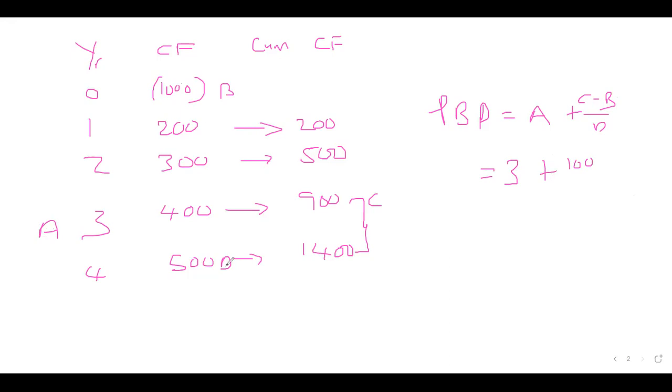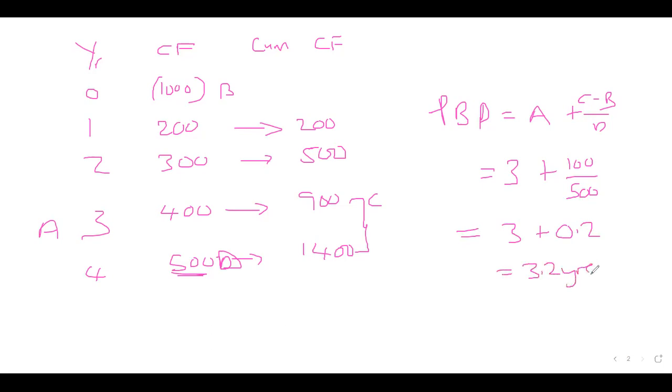Then D is the actual cash flow here in the next period, that is 500. So here we're going to have 3 plus 0.2. So this is the same as 3.2 years.